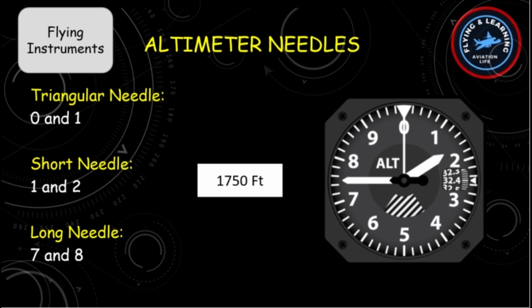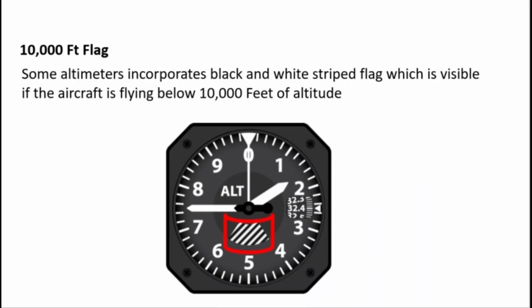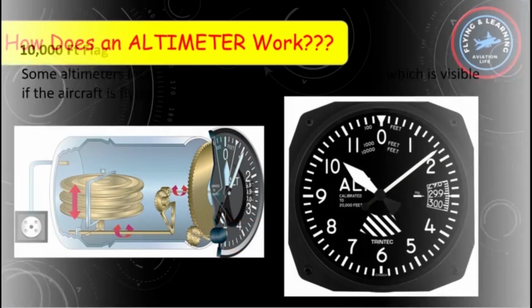So right now, the altimeter is reading 1,750 feet. Some altimeters incorporate a black and white striped flag, which is visible if the aircraft is flying below 10,000 feet of altitude, but invisible above this altitude.